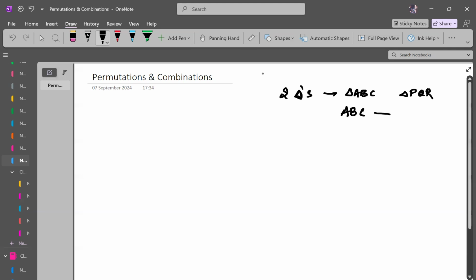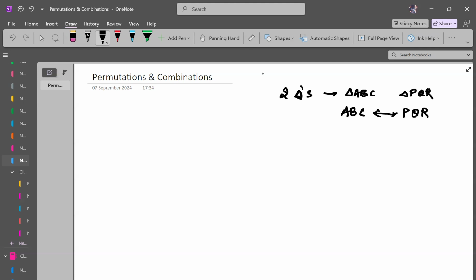Now, a correspondence is basically a sequence between two various alphabets. A correspondence is a correspondence between two alphabets of two different triangles in this case. So whatever is written on the screen, I have written ABC, a line which is a correspondence sign. ABC corresponds to PQR and the other way around.